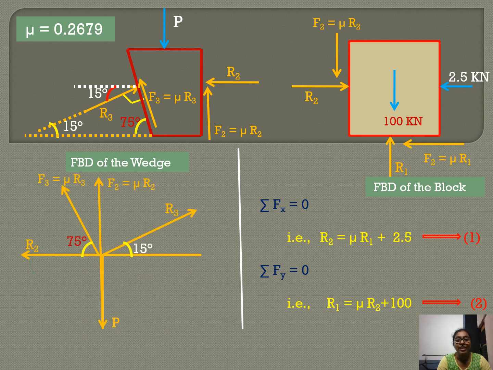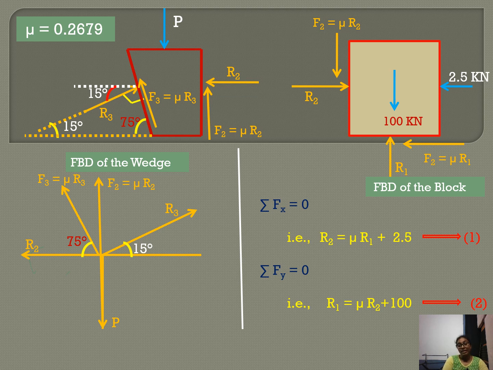Now we will consider the free body diagram of the wedge. While considering the free body diagram of the wedge, the forces R2 and F2 are horizontal and vertical, but the normal force R3 is an inclined force. Similarly, F3, that is the frictional force, is also an inclined force.